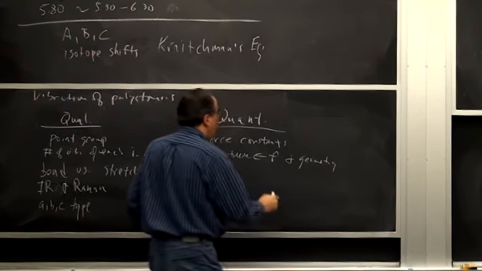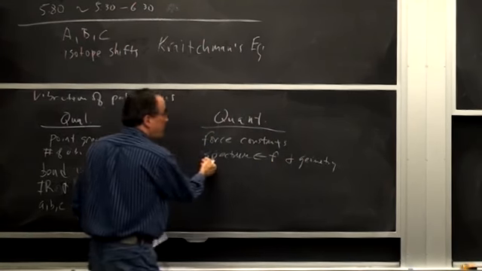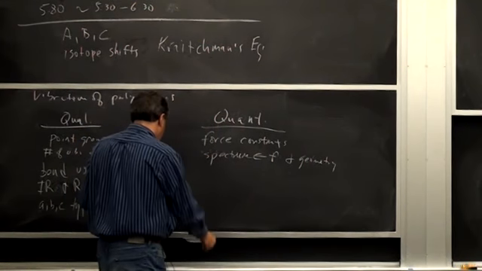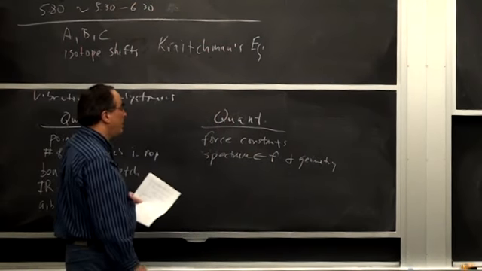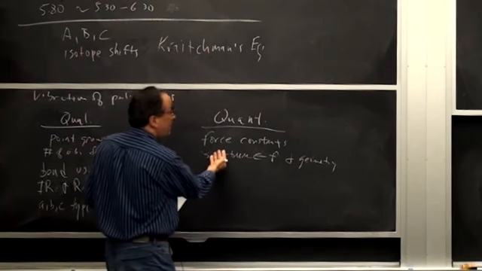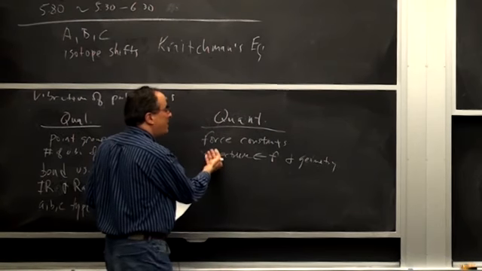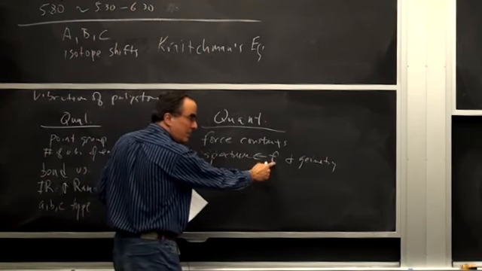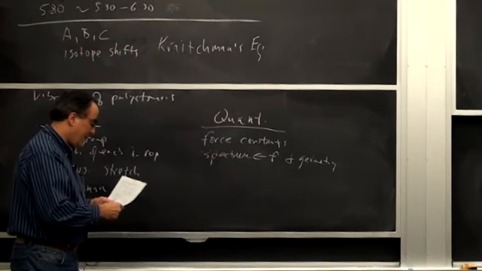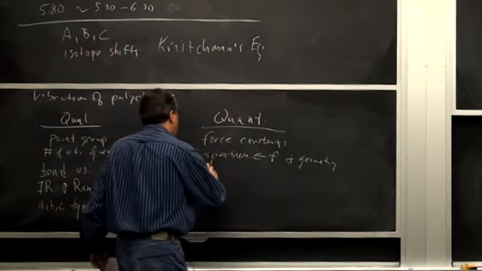So if you know the force constants and the geometry, you can predict the spectrum, and if you know the geometry and the spectrum, you can go in the opposite direction. There are isotope effects.